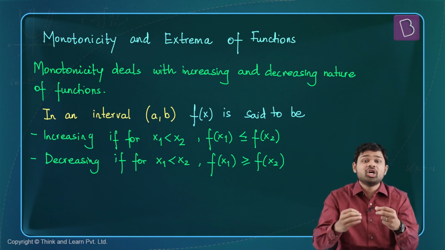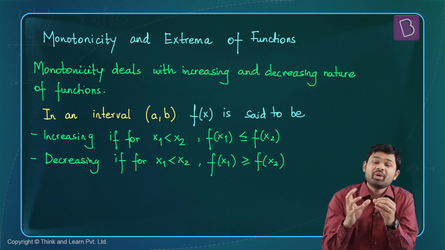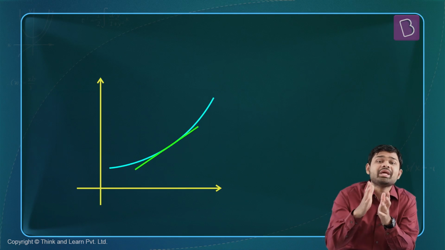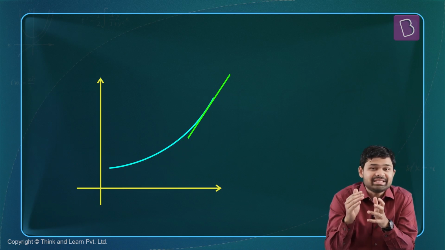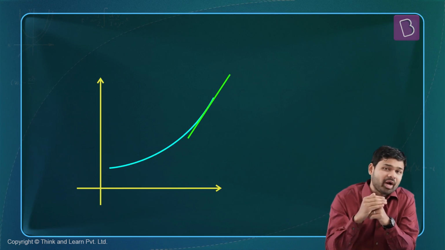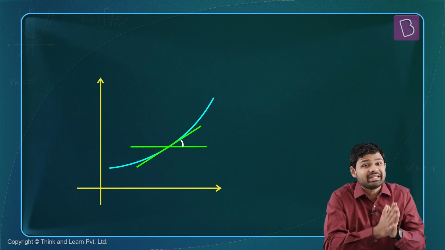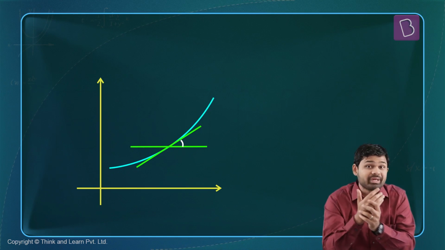So how does monotonicity actually do this? Well, it does this with the help of derivatives. So what happens when a function is increasing? When a function is increasing, it is moving upward. So if a function is moving upward, you can clearly see that at every point the tangent will have a slope which is greater than 0. When a curve is moving upward, the tangent will have slope greater than 0.